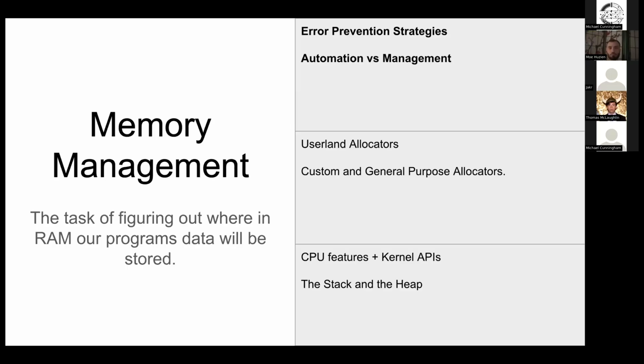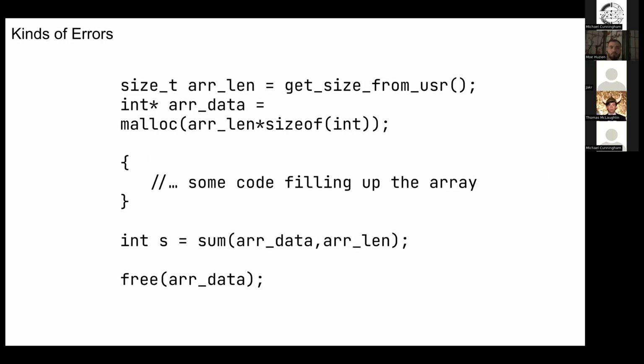So we implement strategies to prevent those errors. Let's start. You might not know what I mean by this. Here are some basic kinds of errors, I guess it's really two kinds, that you'll run into with memory.